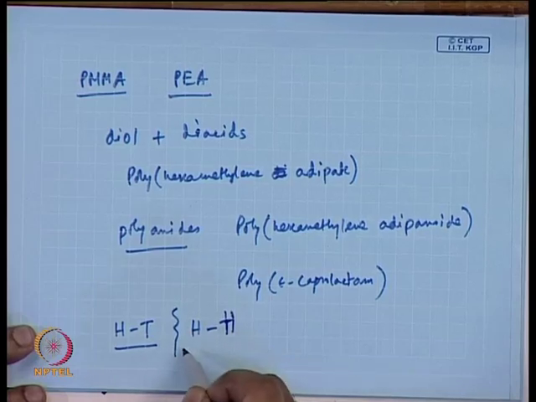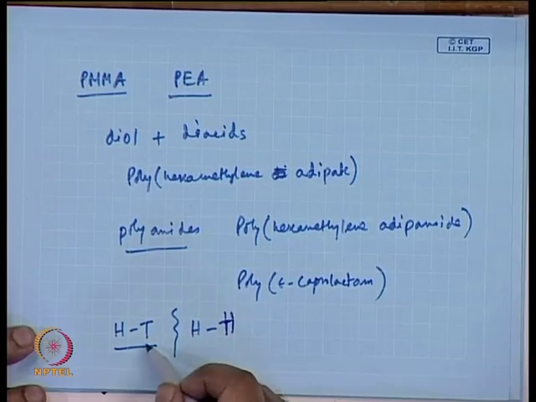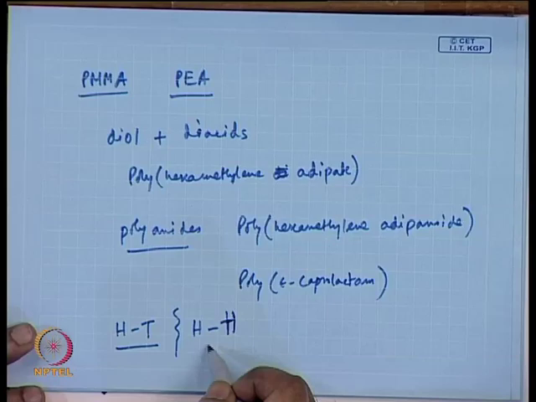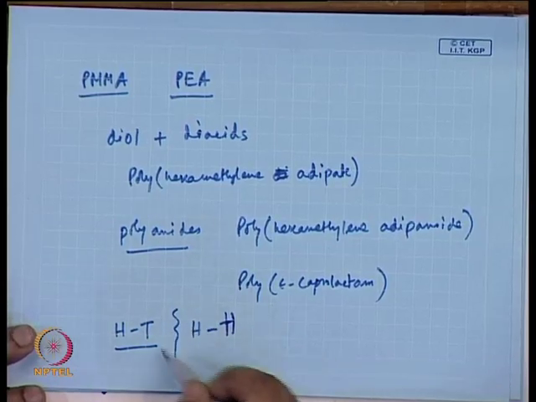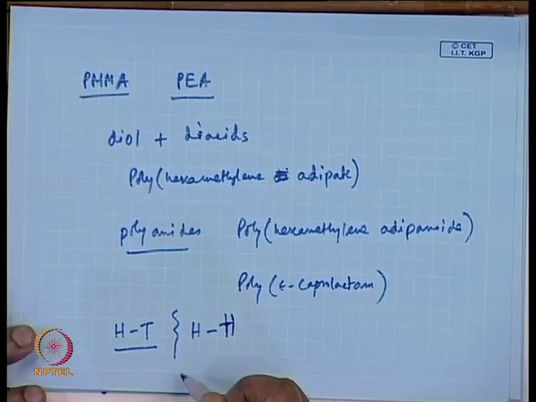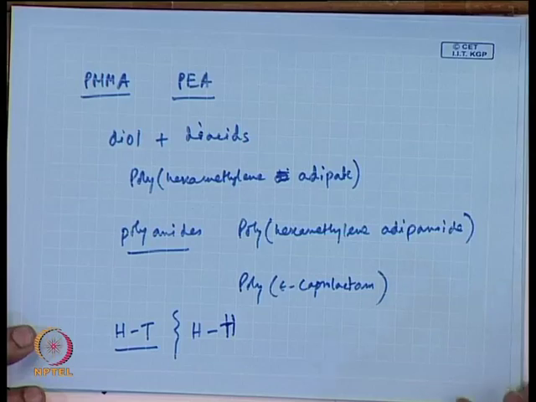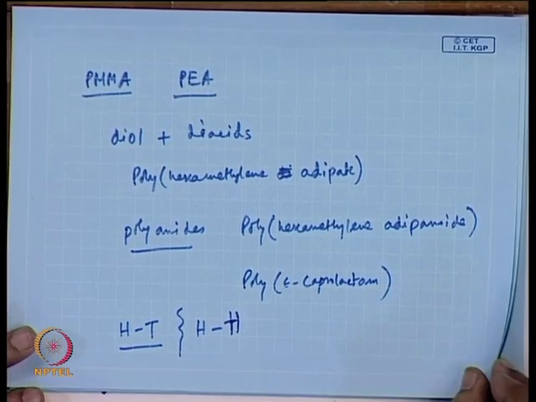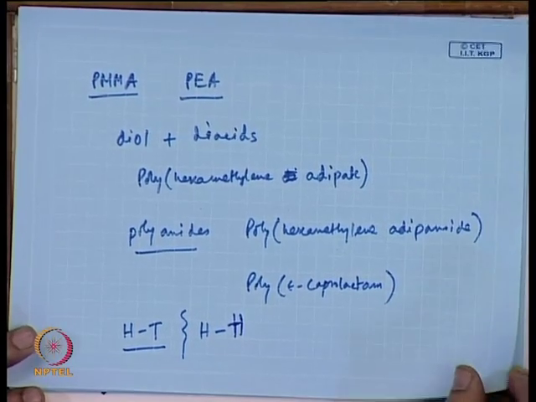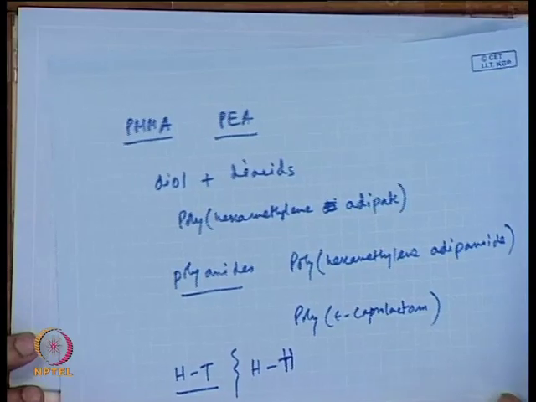If you could form polymers having head to tail and head to head structures, those would also give the same molecular formula, but we know that we always get head to tail polymers in chain polymerization.